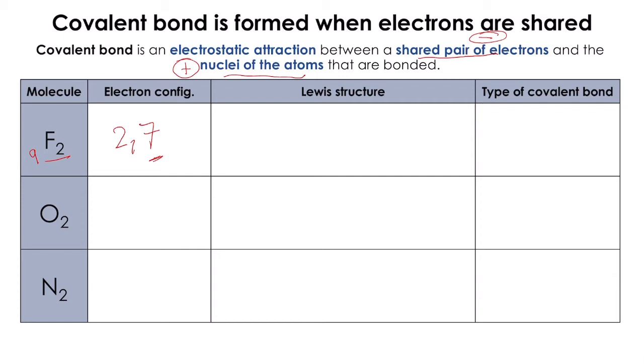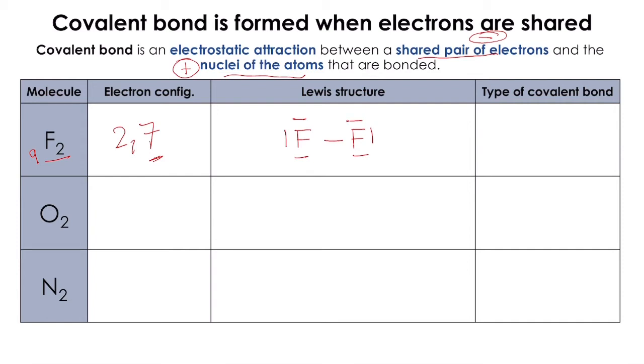Since we have 2 fluorine atoms, as you can see here, we have fluorine, another fluorine, and we have a single bond formed between the fluorine atoms. We don't have to forget about the remaining electrons, which we call lone pairs. So what is happening here? We have 7 electrons in the last shell.